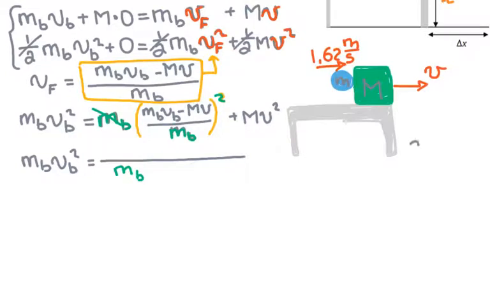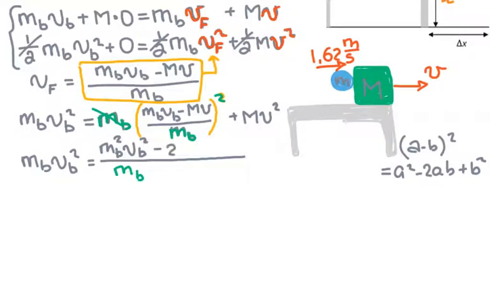So I'm going to use this one, (A minus B) squared is equal to A squared minus 2AB plus B squared. So I have mass of the ball, velocity of the ball, both of them squared, minus 2 times their product.